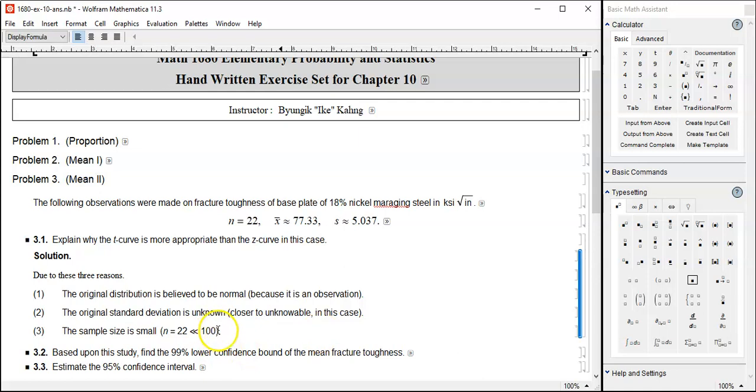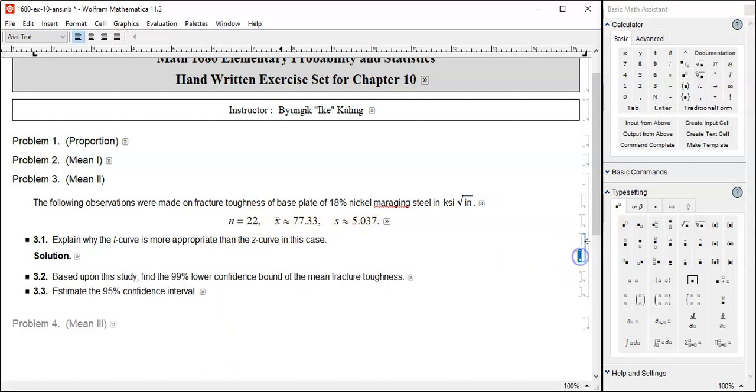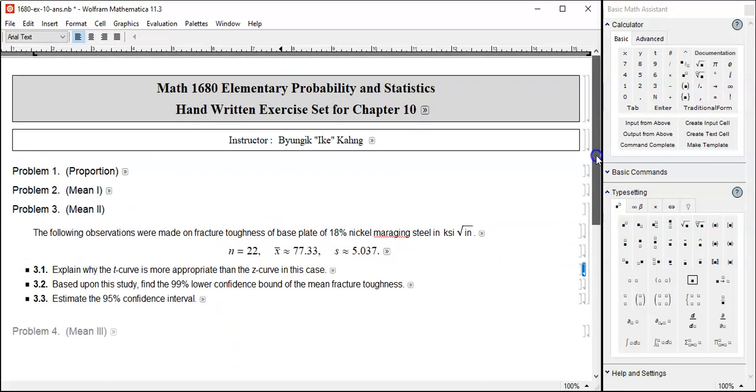And third, the sample size is small, and as a matter of fact, this is the only one that actually counts for 1000 level students. These two may be wordy topics for Math 3680 maybe, but here in 1680, only this one actually counts. 22 is less than 100, way less than 50, or never mind, small sample size, t-curve.